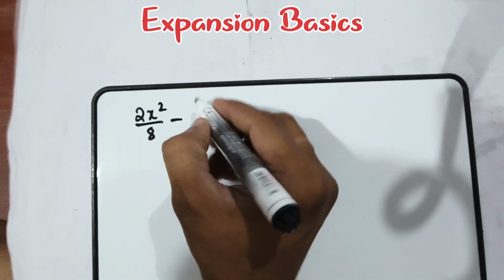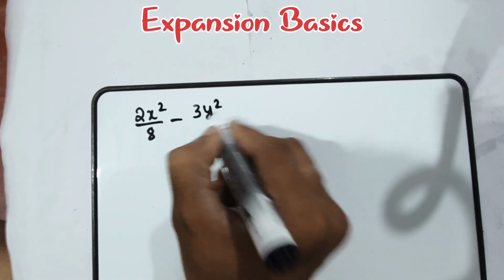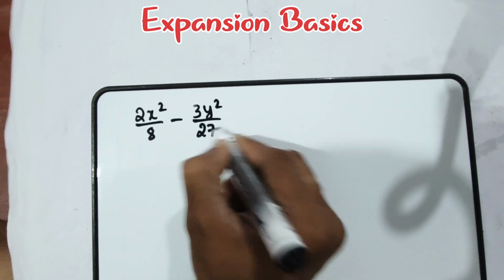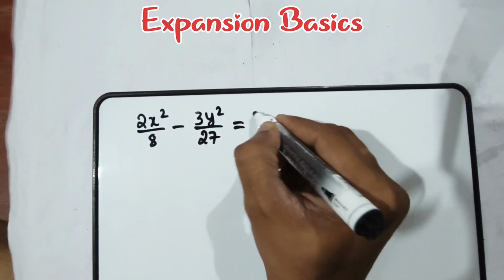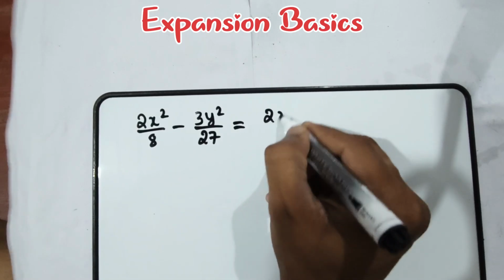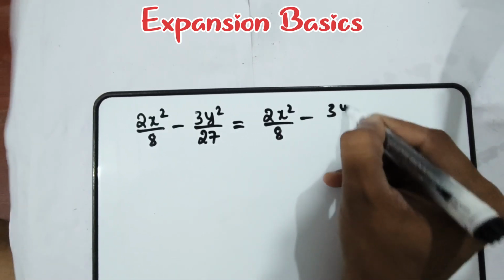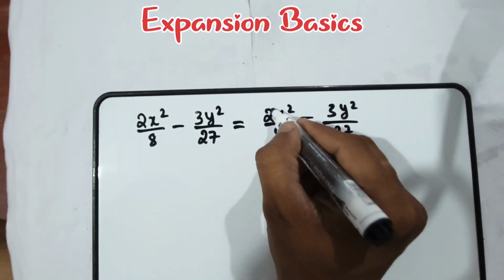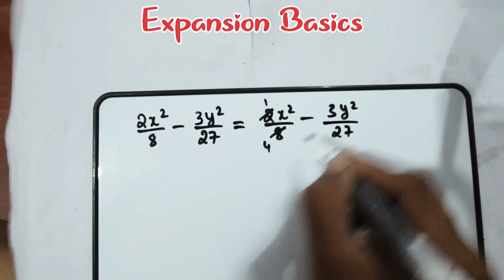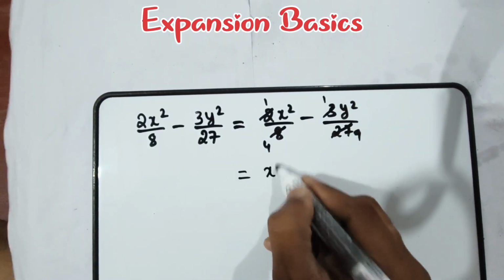2x square by 8 minus 3y square by 27. Let us simplify this first. 2 ones are 2, 2 fours are 8, 3 ones are 3, 3 nines are 27.